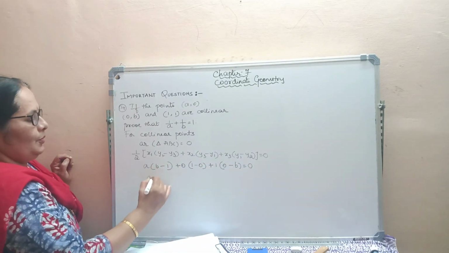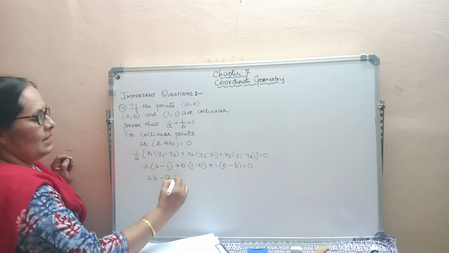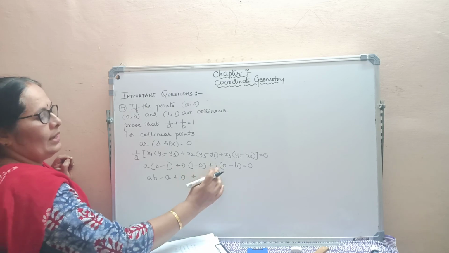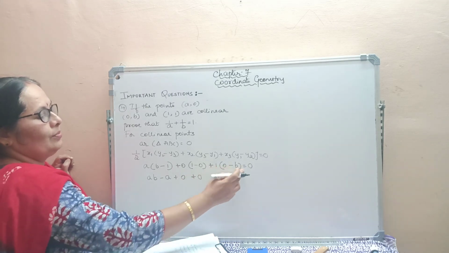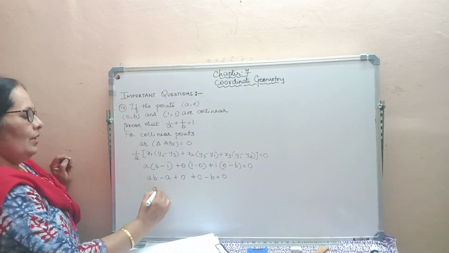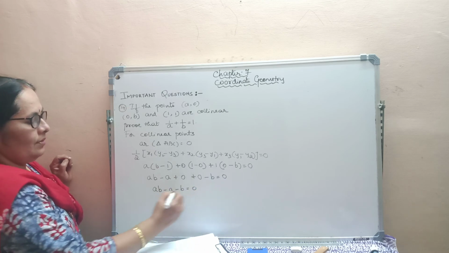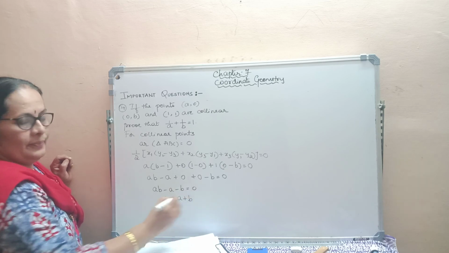So a into (b minus 1), that is ab minus a, 0 into any number is 0, plus 1 into (0 minus b) is minus b, equals 0. So ab minus a minus b equals 0, that is ab equals a plus b.